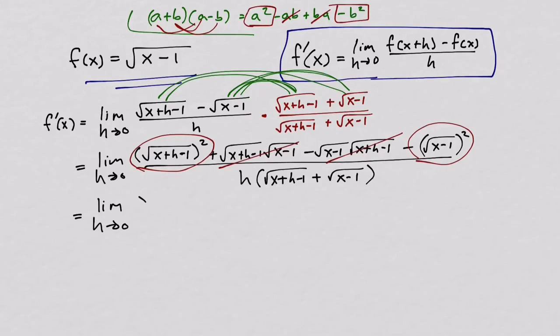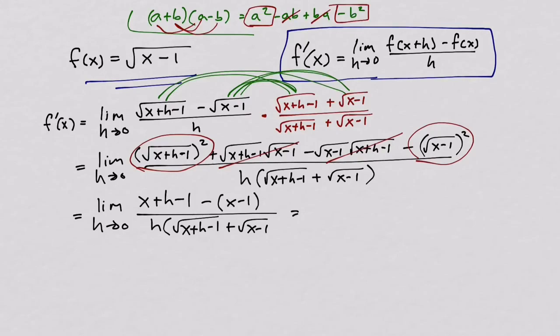Here I get x plus h minus 1, and then minus, from the other end, minus x minus 1. All of that divided by h times the square root of x plus h minus 1 plus the square root of x minus 1.